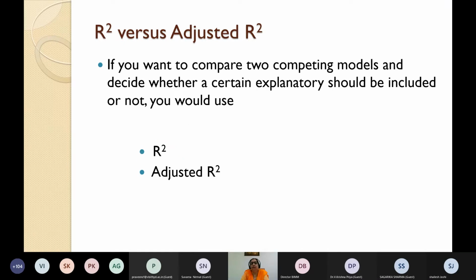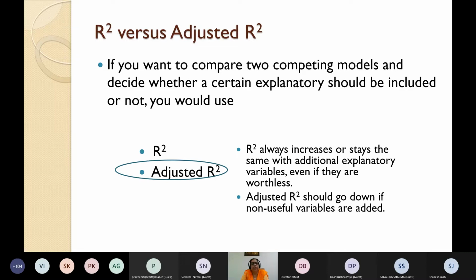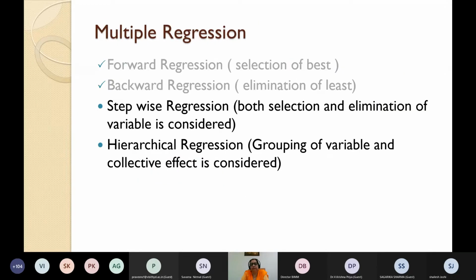But on the other hand, if you want to compare two competing models and decide whether a certain explanatory or independent variable should be included or not, we make use of the adjusted R square, because R square increases or stays the same with additional explanatory variables even if they are worthless, whereas adjusted R square shall go down if the variable that you have added is redundant or useless. So we have again identified the importance of R square and adjusted R square, and where to use which one.